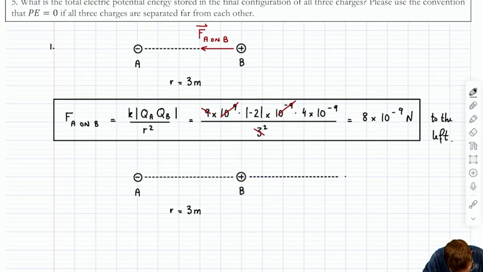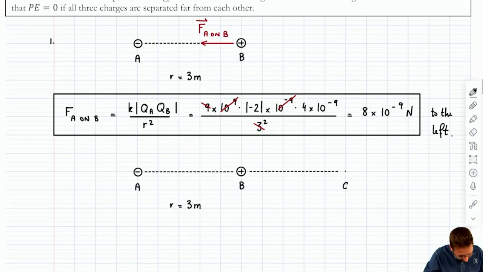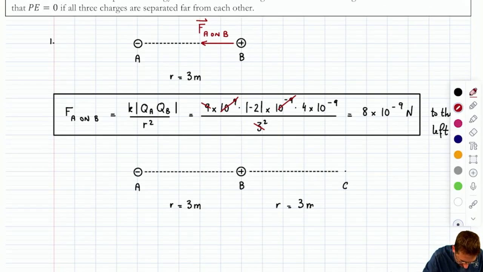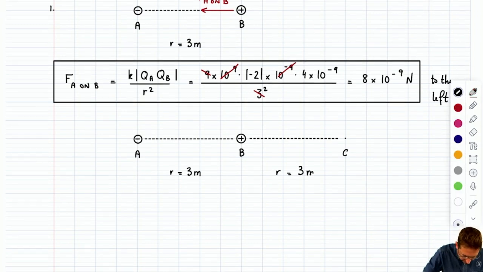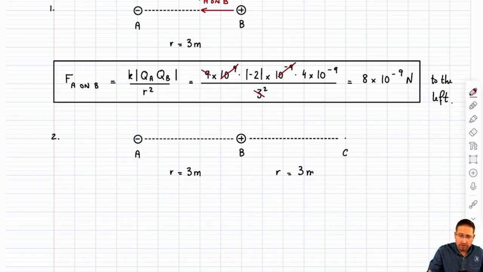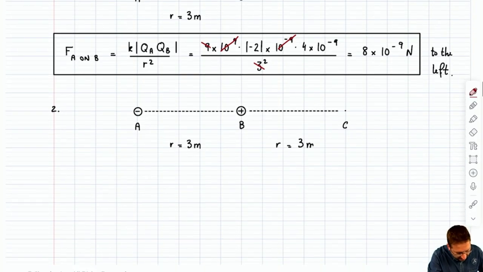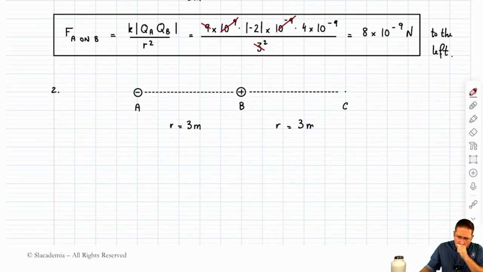All right, so at point C, which is just a location in space, what is the electric field created by these two charges? Well, this is superposition, right? We've done this before. Just account for the electric field created by A, account for the electric field created by B, and then properly add these vectors together.